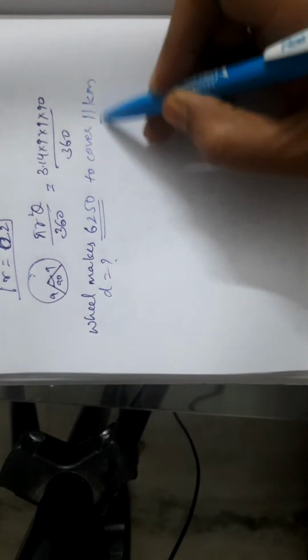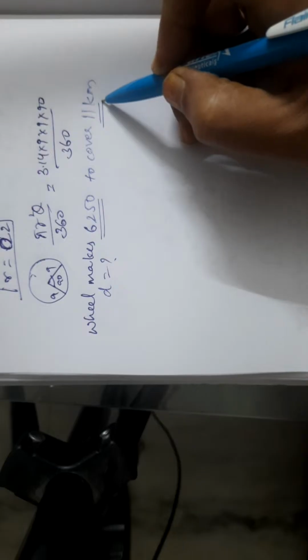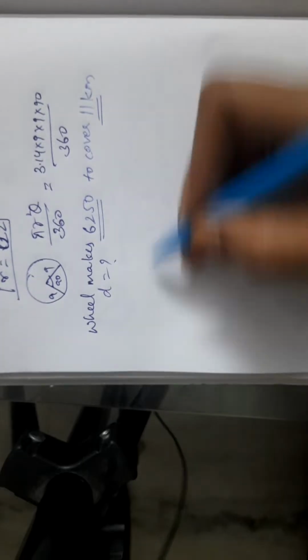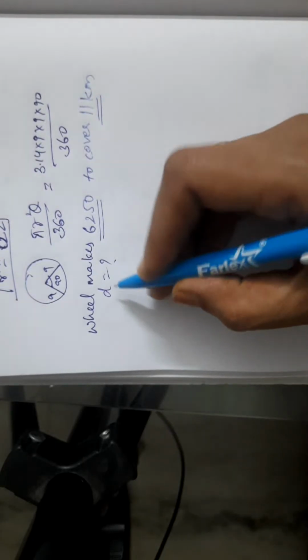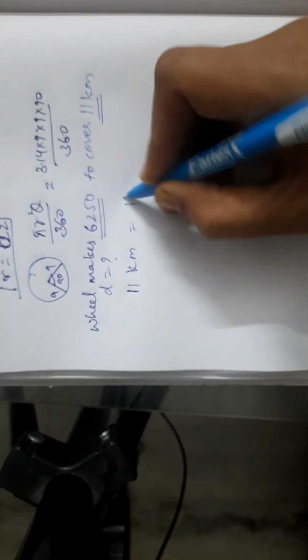6,250 revolutions to cover 11 kilometer. So in this question, we will find out what is the radius. So let's start out with that. 11 kilometer is equal to 11.